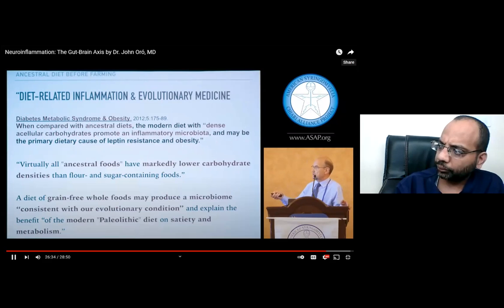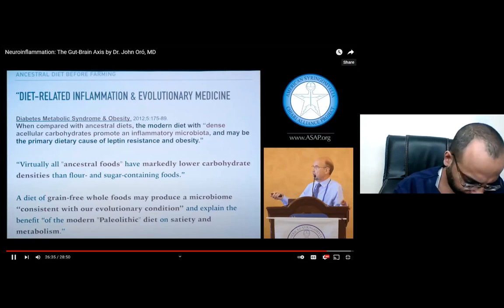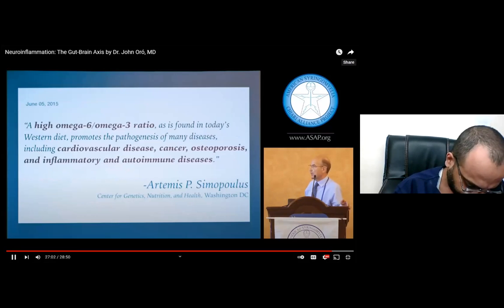When they looked at ancestral foods, virtually all ancestral foods have markedly lower carbohydrate densities than flour and sugar-containing foods. A diet of grain-free whole foods may produce a microbiome consistent with our evolutionary condition and explain the benefits of the modern Paleolithic diet in satisfaction, that's satiety, and metabolism. So there's certainly medical backup.